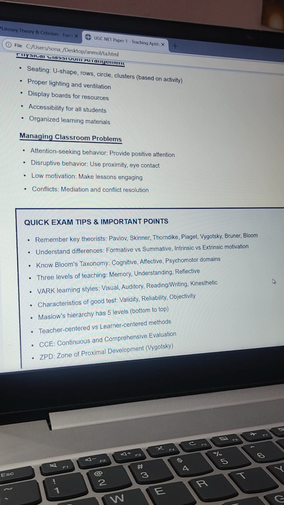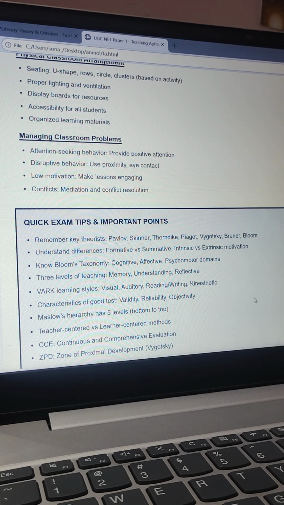In Maslow's hierarchy we have 5 levels from bottom to top, and I think you should go through this whole PDF once. If you need this PDF you can comment down, and I will send you a link.